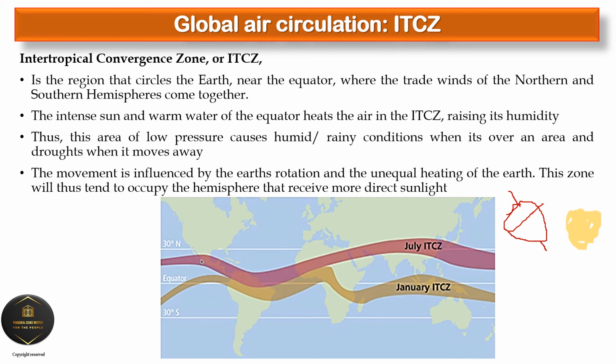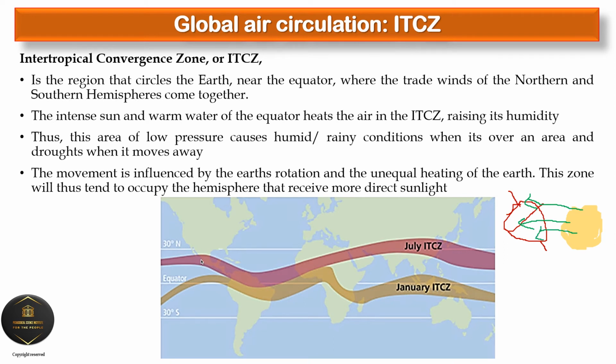So if this was the Sun, I think this works better. The Sun is giving direct rays to the central part of the Earth. So this is more direct, and oblique rays, of course, to different parts.